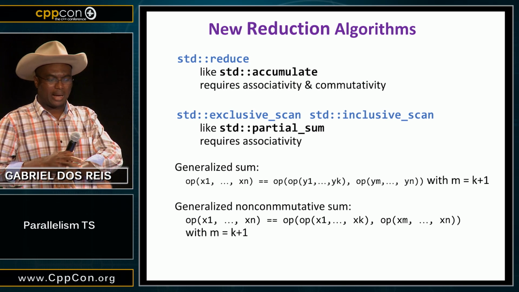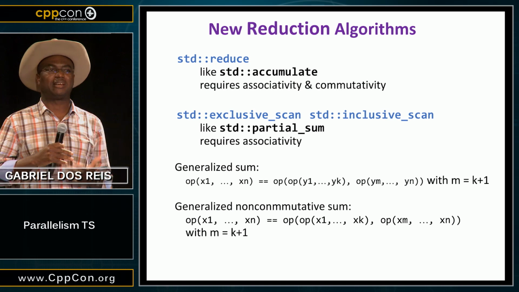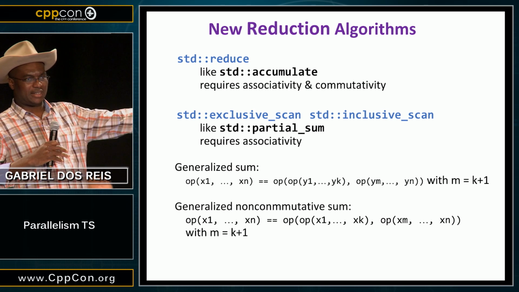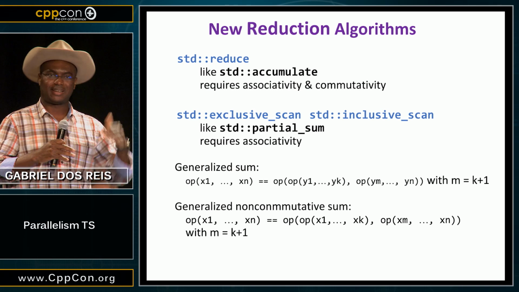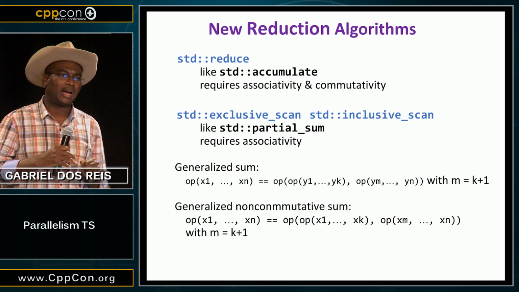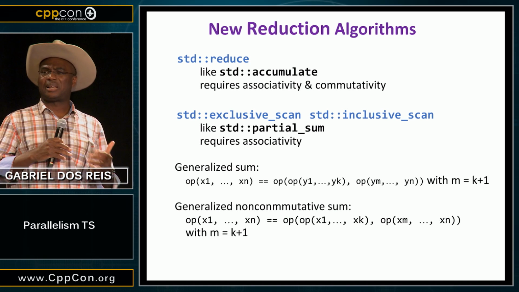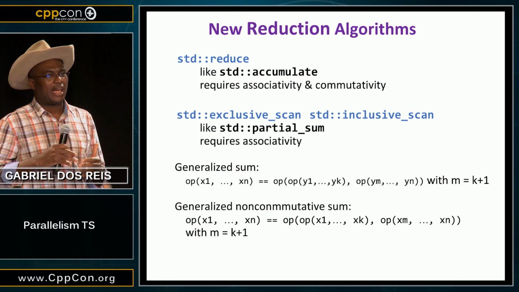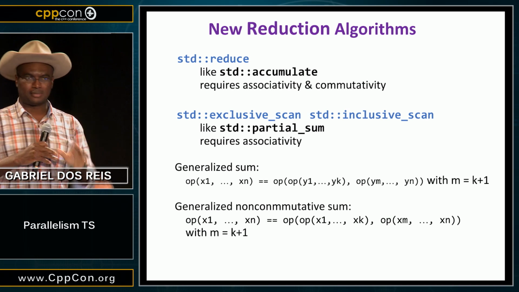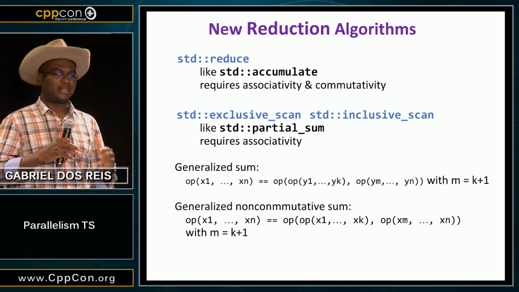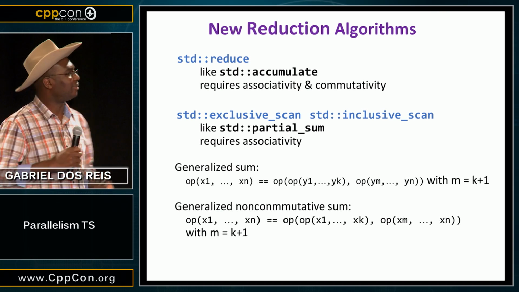So for example, if you have plus, which is essentially associative and commutative, you just want to say, well, I have data x1 to xn, and it doesn't matter in which order they are added, and that gives great flexibility to the system. If you have something like string concatenation, that one is not commutative, right? Foo bar is not the same as bar foo. So this is a case where you say, well, just partition the data in some form and apply your magic.